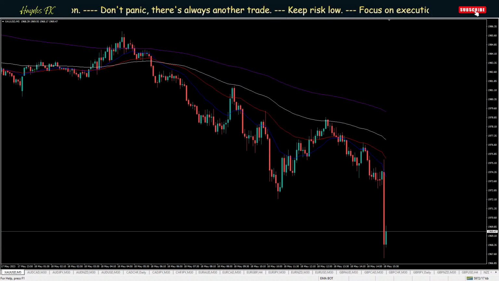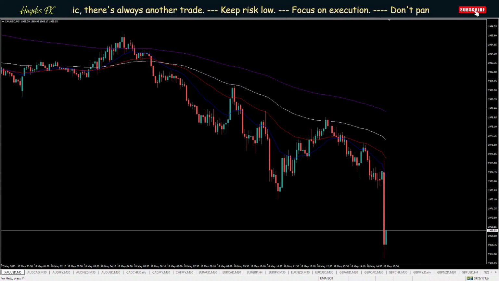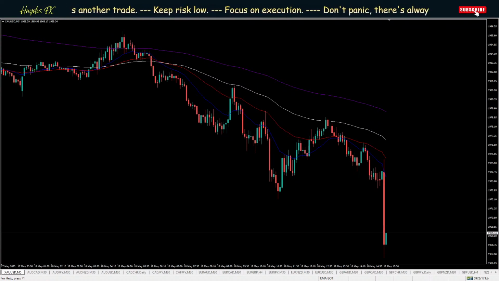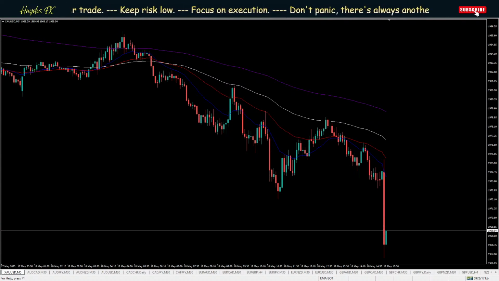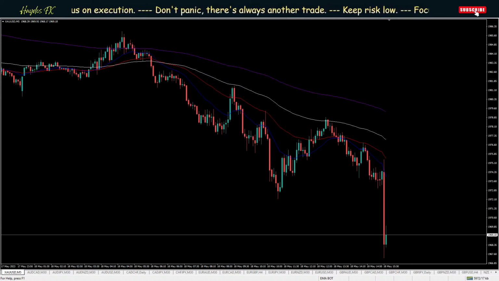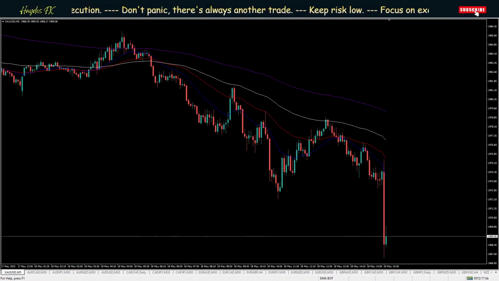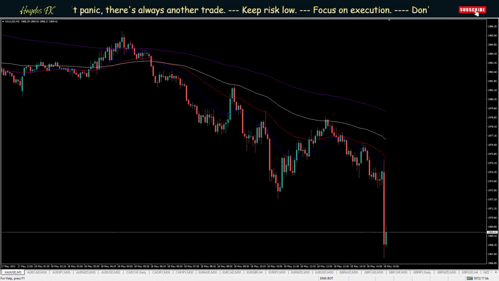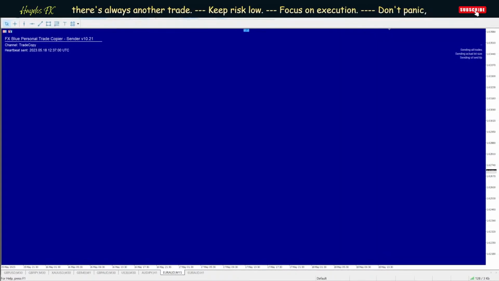This is just another account. I'll put this receiver on something else. I am keeping an eye on gold. So here's the receiver. So this is the sender.